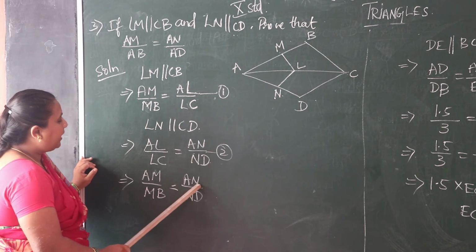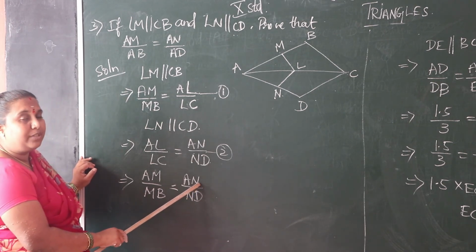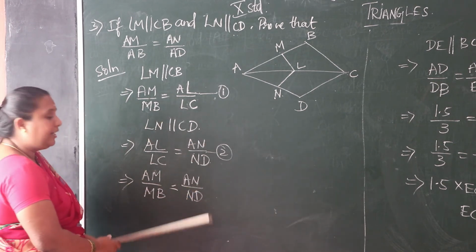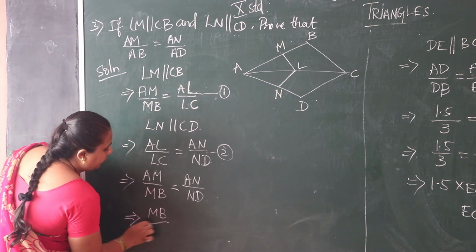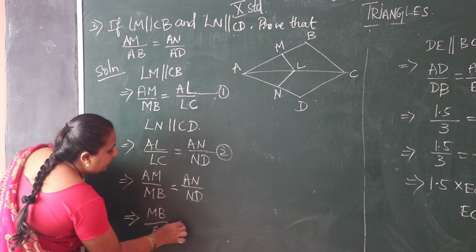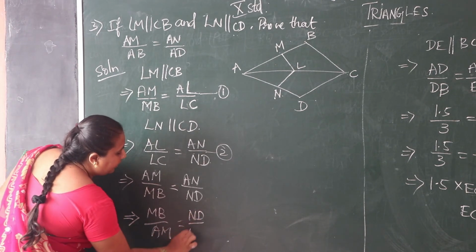We want AM and AN as they are, so we should interchange the numerator and denominator here. So MB by AM is equal to ND by AN.